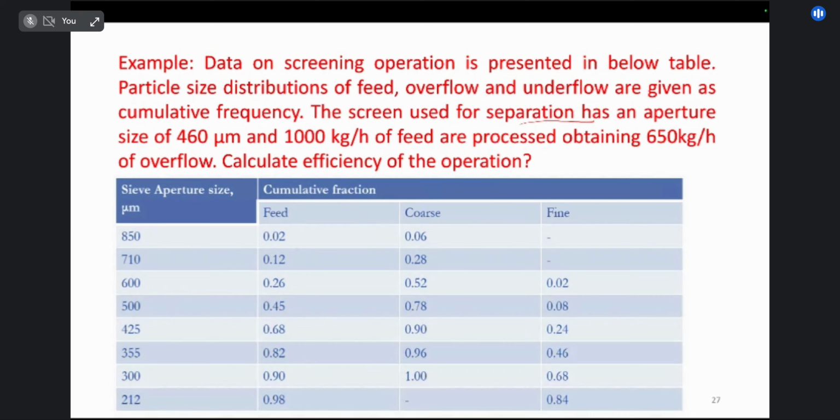So this is not an ideal case where every fine material is only in the fine fraction and coarse material is only in the coarse. Everywhere there is a mixing of fine and coarse materials.